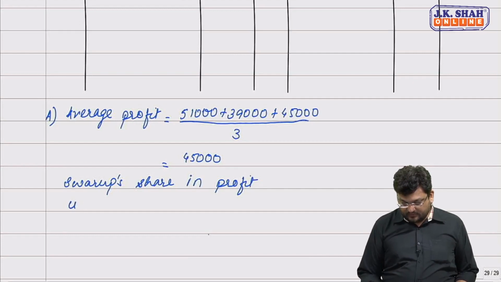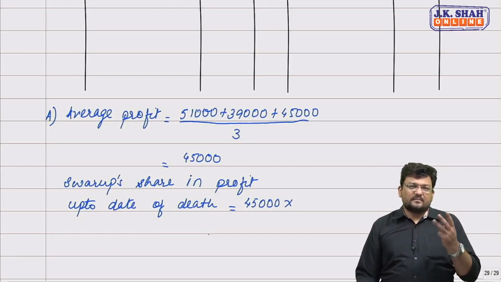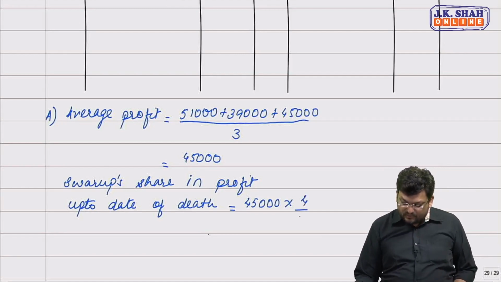Up to date of death. Swaroop's share in profit up to date of death. Swaroop died on which date, friends? Swaroop died on 1st May. Jan, Feb, March, April. He was there in business for 4 months. So his share in profit will be in profit of 4 months.